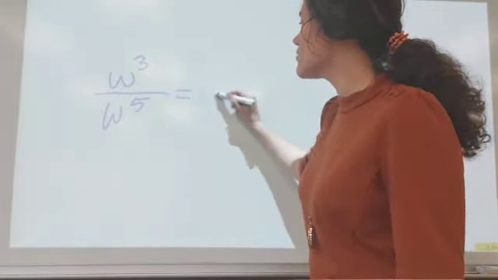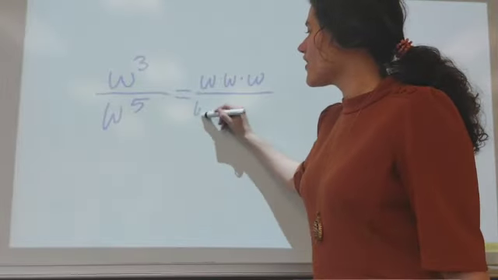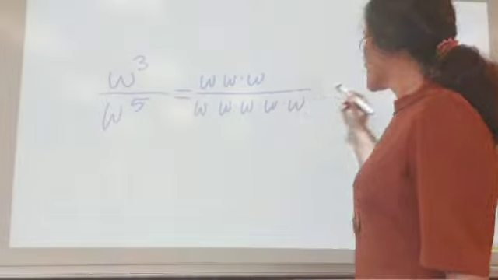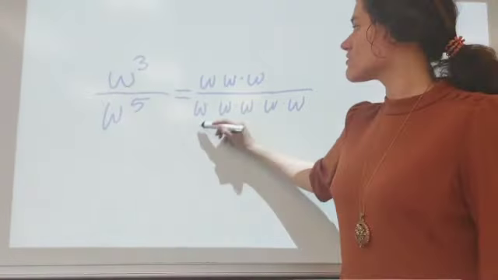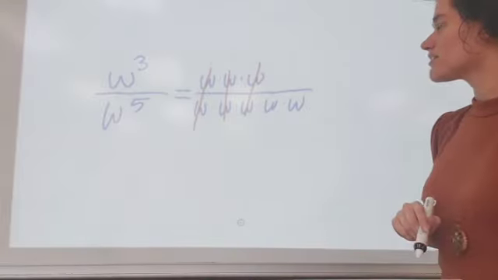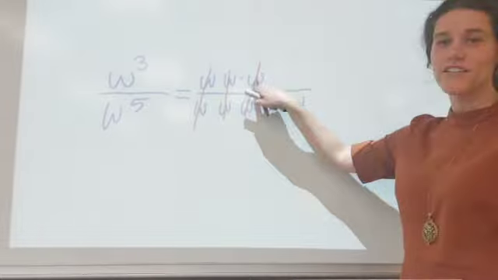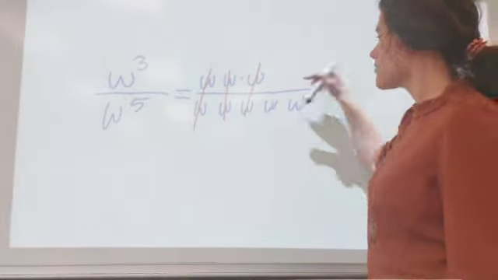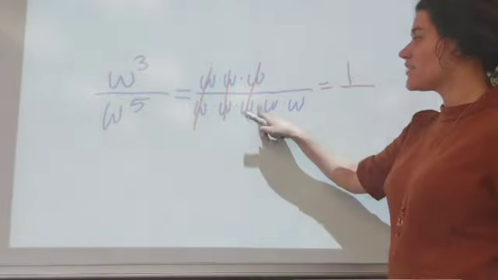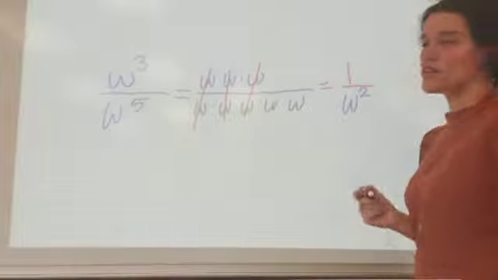You're still going to have the 3 w's and 5 w's, and you're still looking for 1s. So there's a 1, there's a 1, there's a 1. So everything on top became 1s. 1 times 1 times 1 is just 1, and then you have 2 w's left, so w squared.